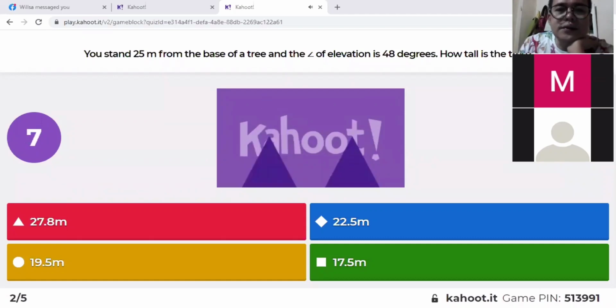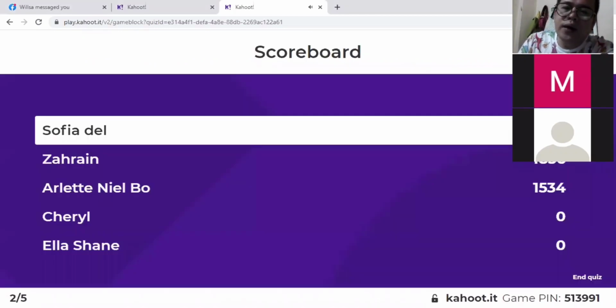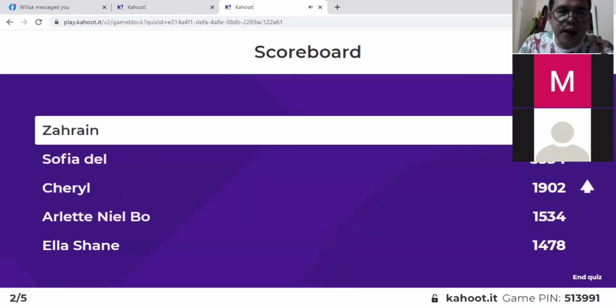Ten seconds. Finalize your answer. Press the color. All right, 4 got a correct answer. I hope that you are practicing your trigonometric functions. So we have this top 5: Zarain, Sophia, Cheryl, Arlette, Ella.